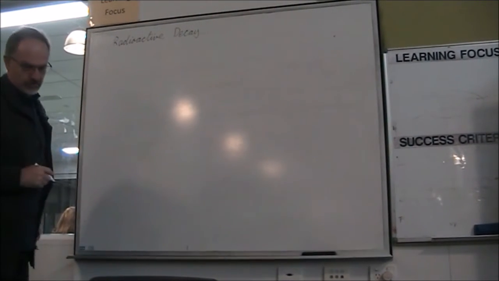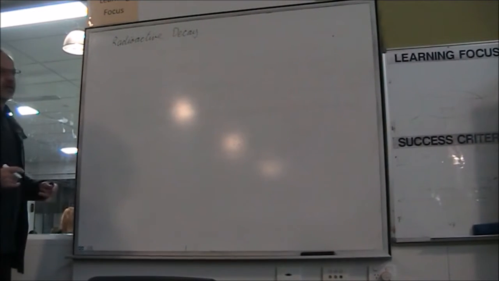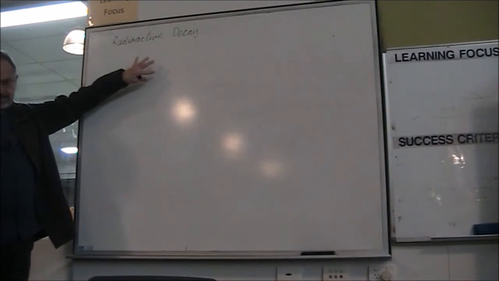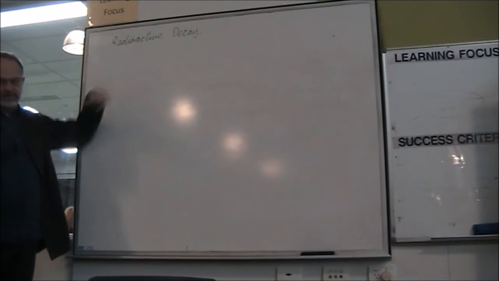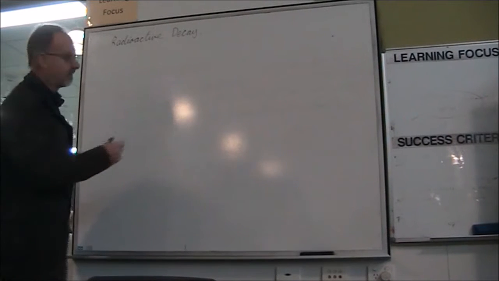Basically, for radioactive decay, there's another way of looking at it as well. We looked at the half-life, where if the half-life is 4 hours, then the amount of substance halves every 4 hours. But there is another way, a differential equation. In the differential equation you can find it at any time.